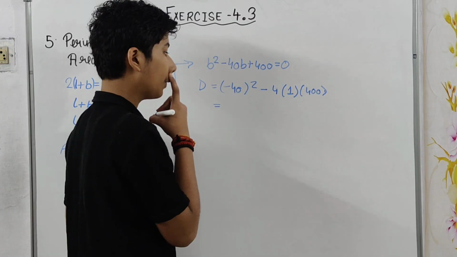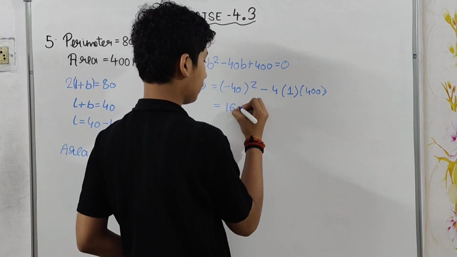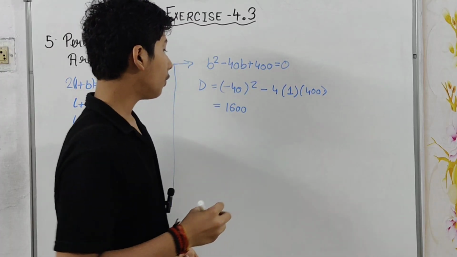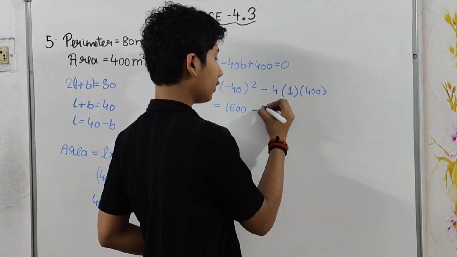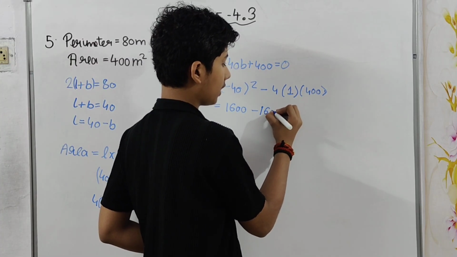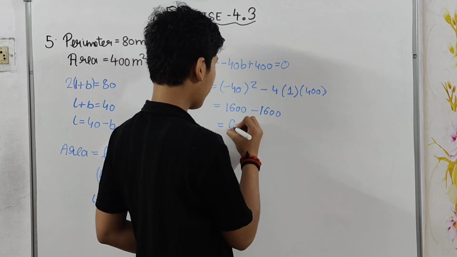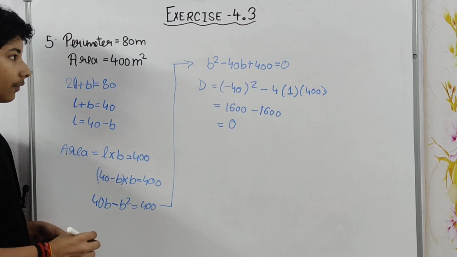When we solve it, 40 into 40 is 1600. Okay, now minus 400 into 4, 1600. So finally this is 0. Means the roots will be equal. So yes, we can find out.